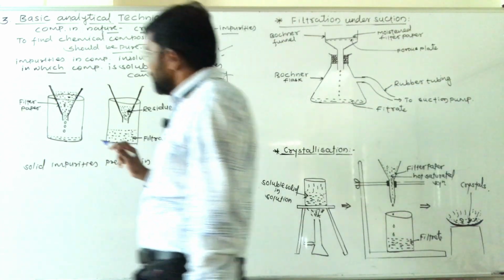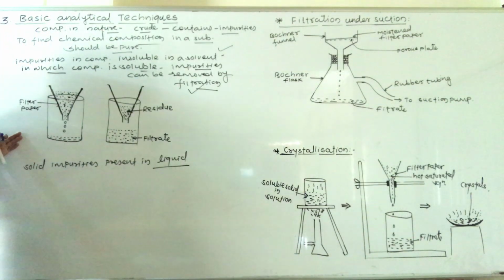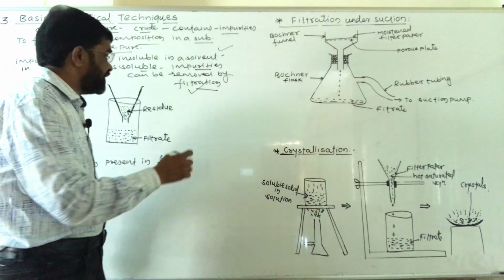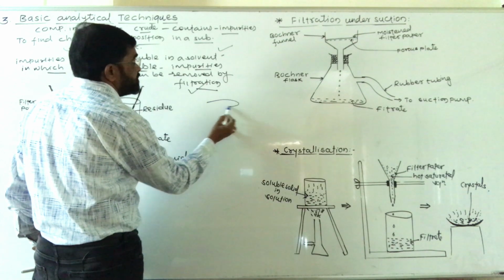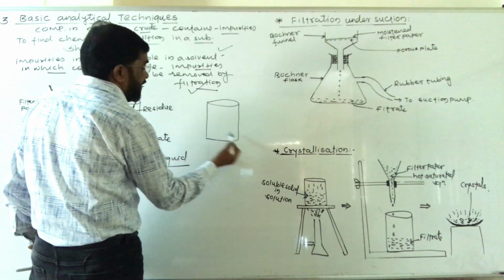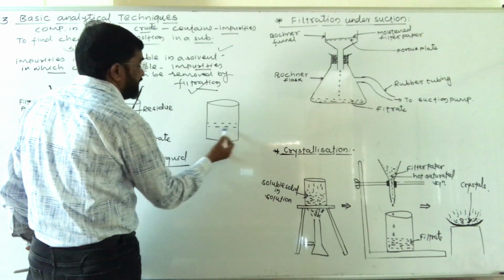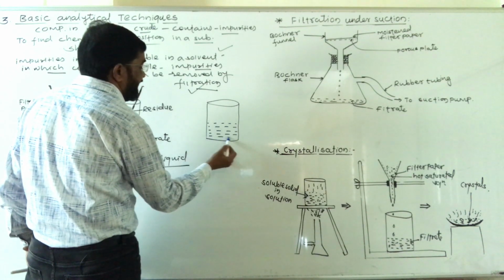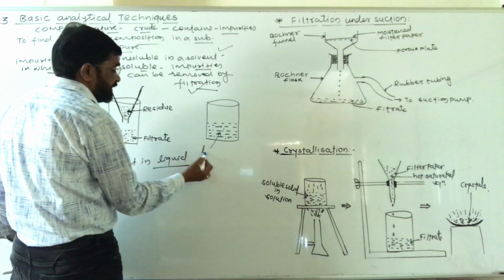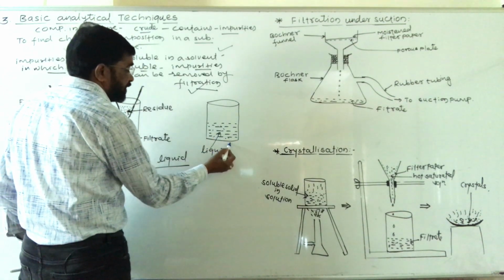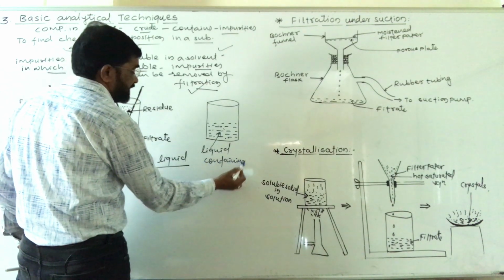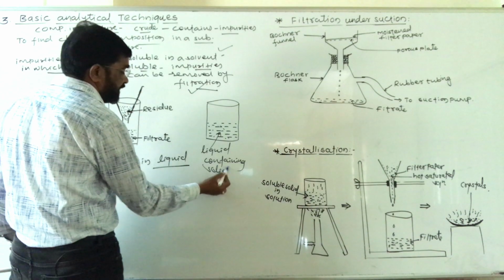First of all, we have to take a liquid which contains the solid as an impurity. Suppose you consider this is a liquid we have taken, and in this liquid a solid is present as an impurity.